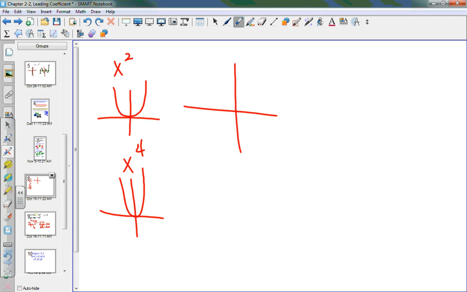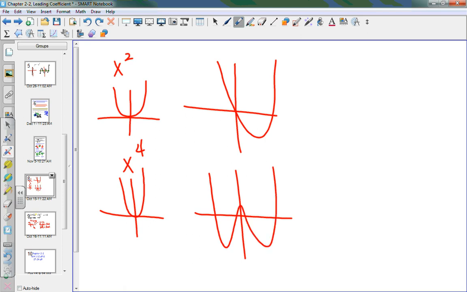If I have an x squared that looks like this, it crosses 2 times, right? If I have an x to the 4th, it's going to look like this, right? And it's going to cross 4 times, look like a W or a what? If it's reflected, it could look like that.